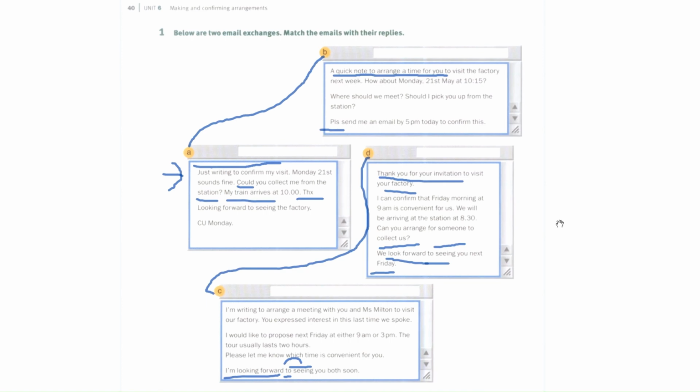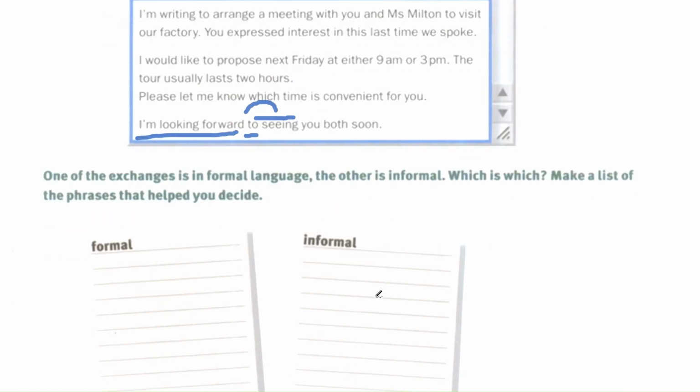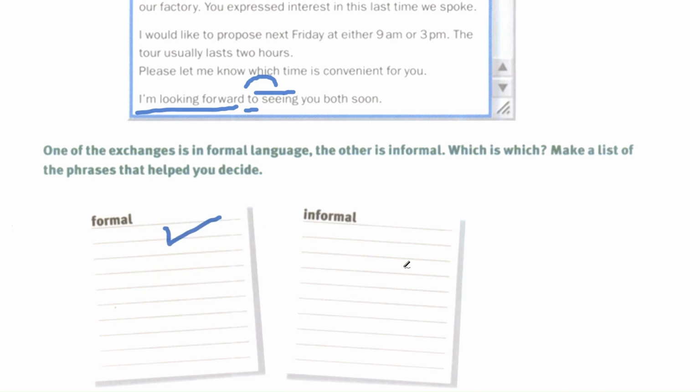Right, so can you tell which of these emails are more formal and which are less formal? Now we have also had a look at the email exchanges and we've decided which is which.